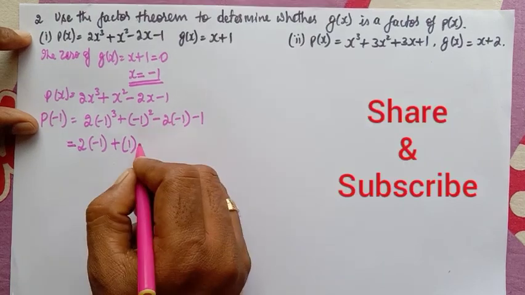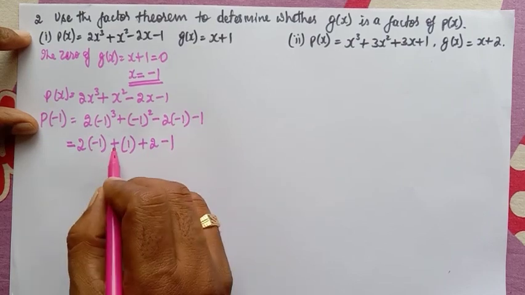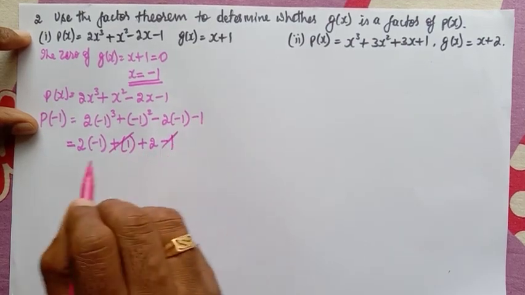Minus into minus is plus, 2 minus 1. Here, minus 1 and plus 1 is there. Minus 1 and plus 1 cancels.